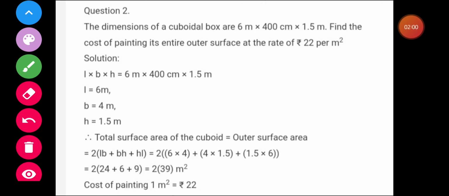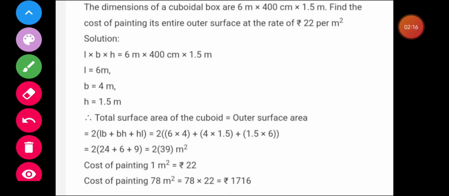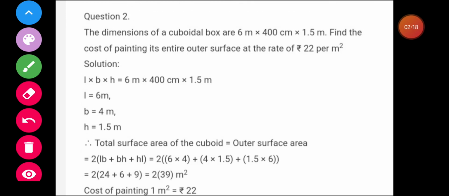The dimensions of a cuboidal box are 6 meter, 400 centimeter, 1.5 meter. Find the cost of painting its entire outer surface at the rate of rupees 22 per meter square. Here we have to first equate the units, so the centimeter we have to change to meter.